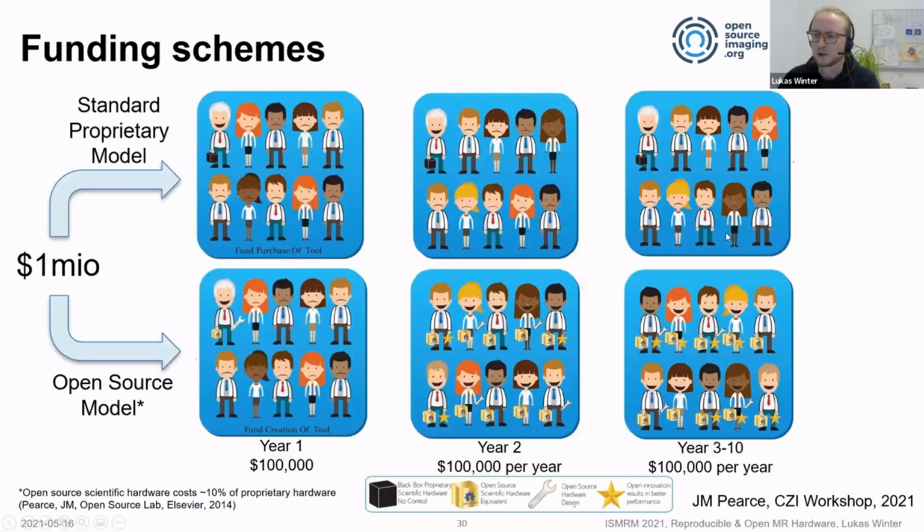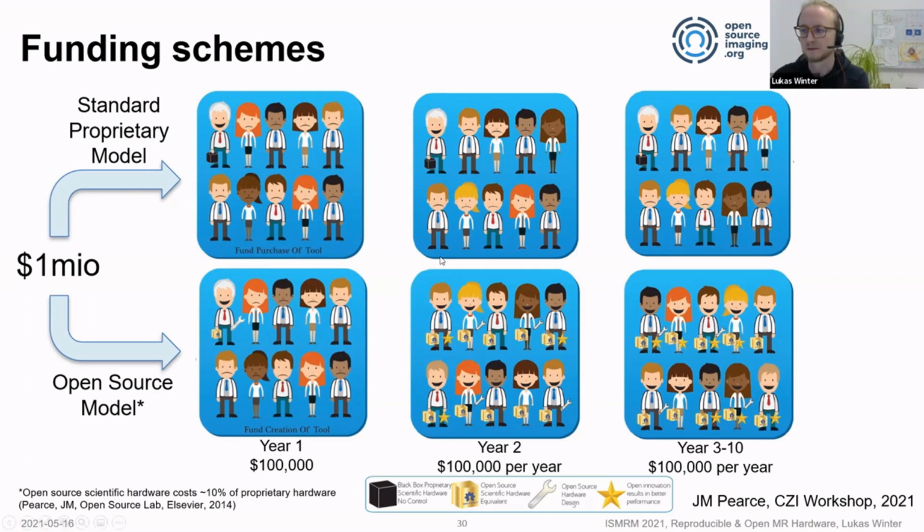One thing that I copied a bit from Joshua Pearce's very nice presentation, which I really liked, is this idea about funding. If you see medical care or healthcare or science, you always have a limited amount of resources which you need to distribute in a way to maximize impact. So how can you do that?